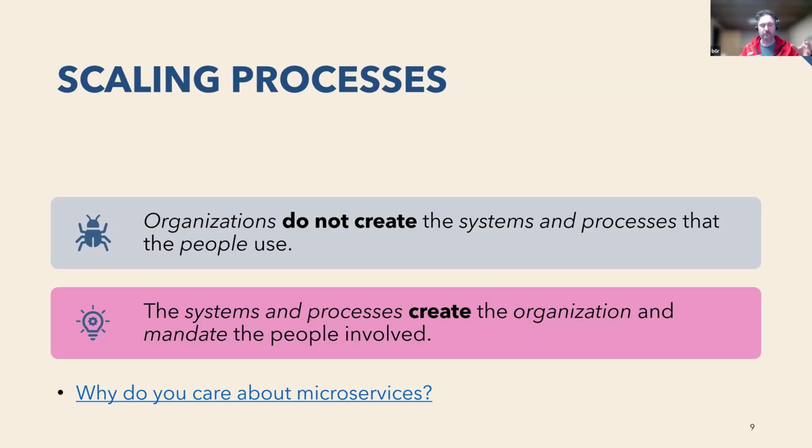For example, assume you have processes A, B, and C, and A is automated, and C is automated, and B is not. What is going to happen as you scale? Well, you're going to hire people to coordinate between the automated processes and the manual processes. So all of your people will start to aggregate around these processes, around the manuals, around the coordination.